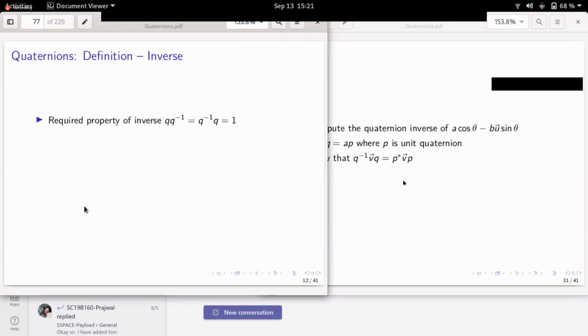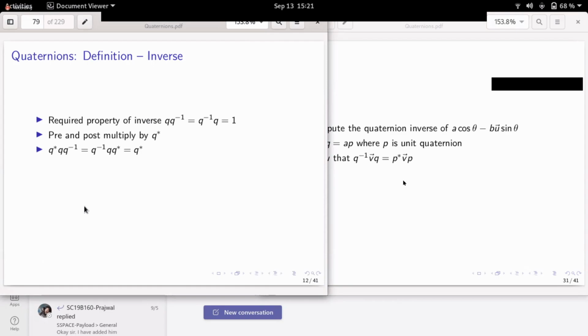We want the inverse. Inverse is simply a symbol now. I want the inverse to have this property: Q Q inverse and Q inverse Q should be 1. So we pre- and post-multiply by Q star, and then each one we equated to Q star. That is, Q star Q Q inverse should be Q star, or Q inverse Q Q star should be Q star.